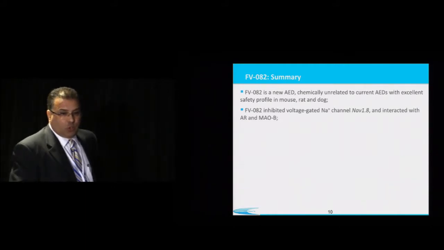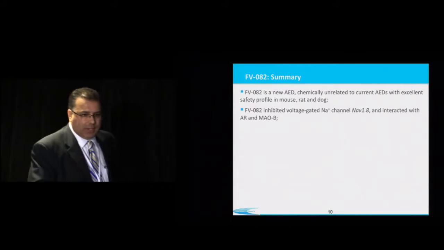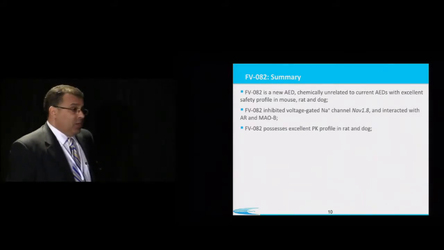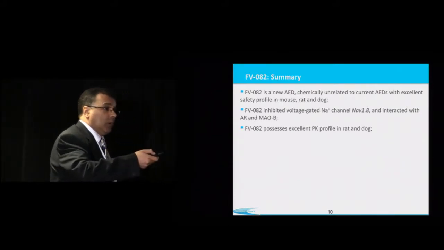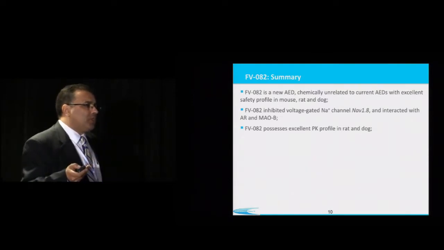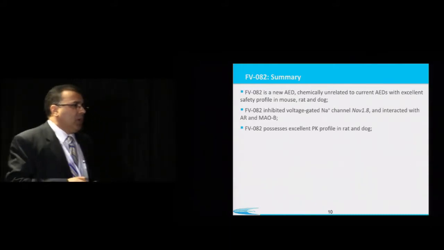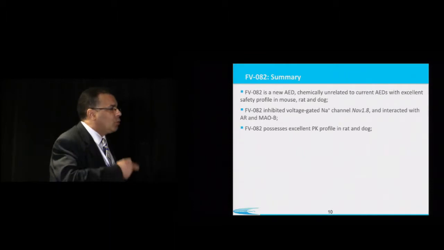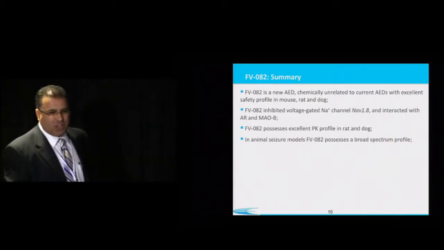It inhibited voltage-gated sodium channel NaV1.8 and interacted with the androgen receptor and monoamine oxidase B. And the PK is just fantastic across species, from mouse, rat, and dog. The oral bioavailability is close to 80%. The half-life across species is about 3 hours. No drug-drug interaction up to 500 micromolar, so the safety is confirmed with drug-drug interaction as well.